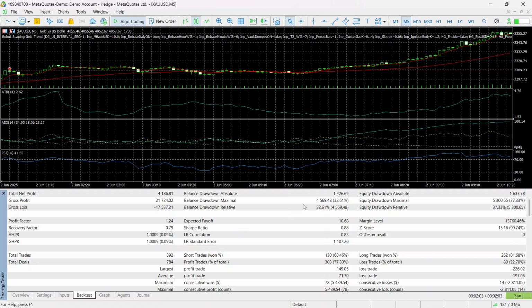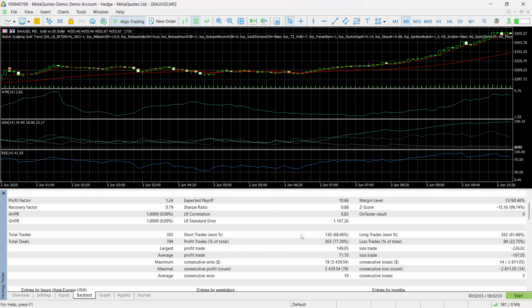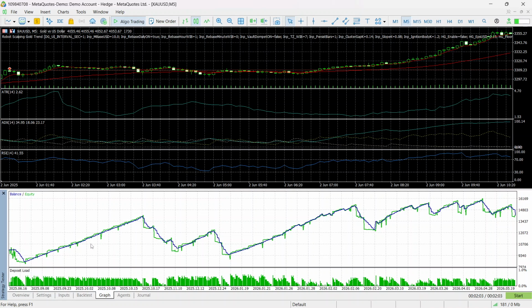And looking at our drawdown, we see it is way higher than what they showed us, at 32% and 37% for equity marks. If we move over to the equity curve, you can see steady growth, sharp dips, steady growth, followed by sharp dips as it tries to consolidate, and then it falls back as it rises again.